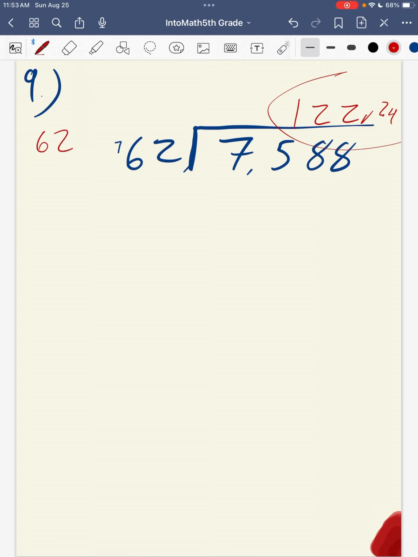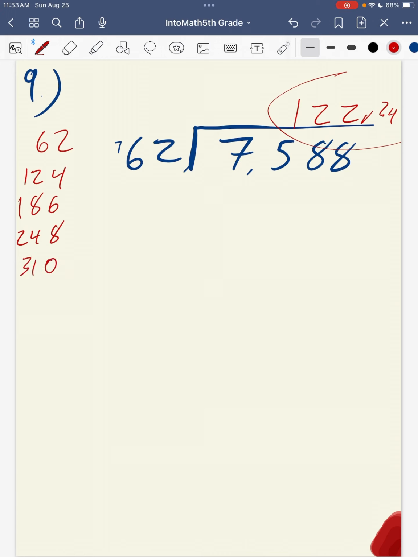Multiples of 62. 62 times 1 is 62. 62 times 2 is 124. I'm sorry. 124 plus 62, 186. Plus 62, 248.